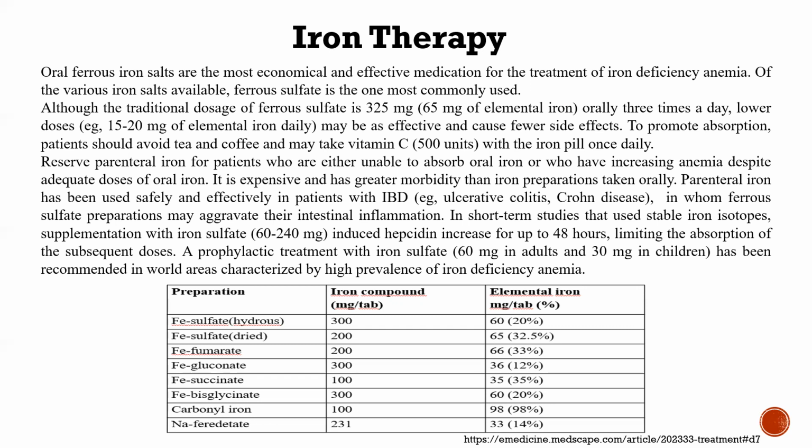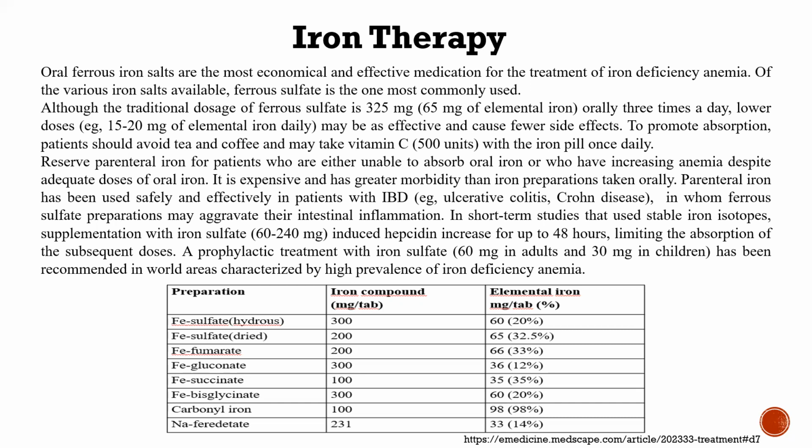Parenteral iron is given to patients who are either unable to absorb iron or have increased anemia despite adequate doses of oral iron. It's expensive and has greater morbidity than iron preparations that can be taken orally.